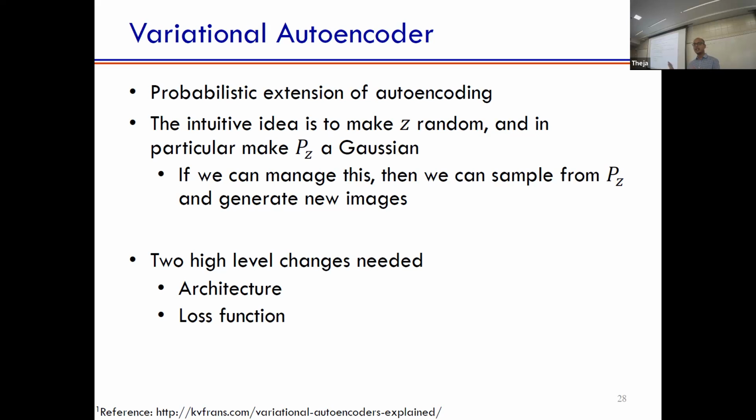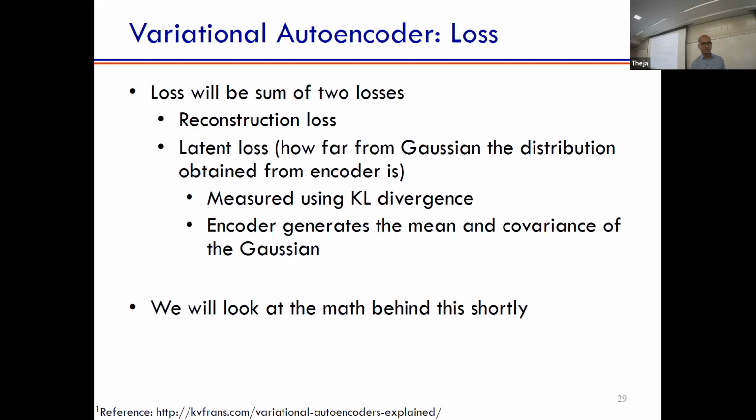You can do that, and we'll actually do that first, and then we'll talk about the joint distribution. So the first cut will be just a change in the architecture and a change in the loss function. By which I mean, we're first going to just see what the changes are.